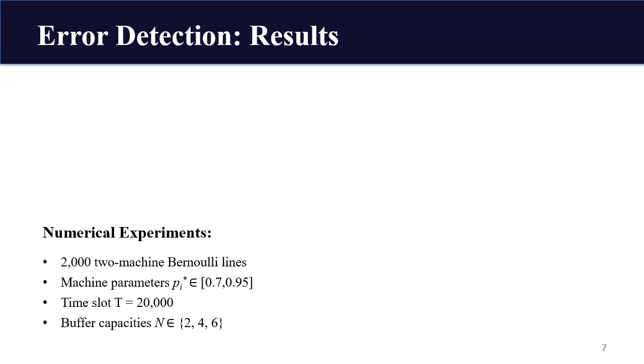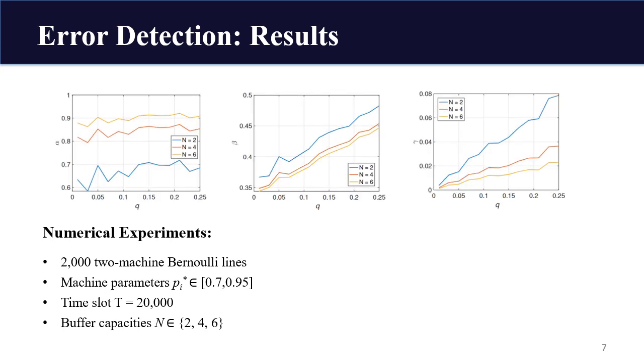Then the noise model is applied to each set of Hn and Hn tilde to create the measured dataset. Finally, EDC is applied to each measured dataset, and metrics alpha, beta, gamma are calculated.